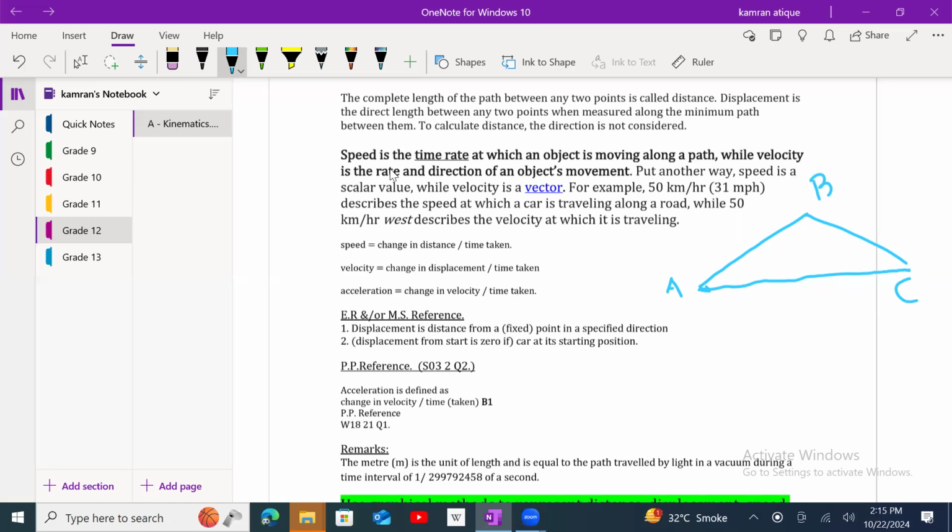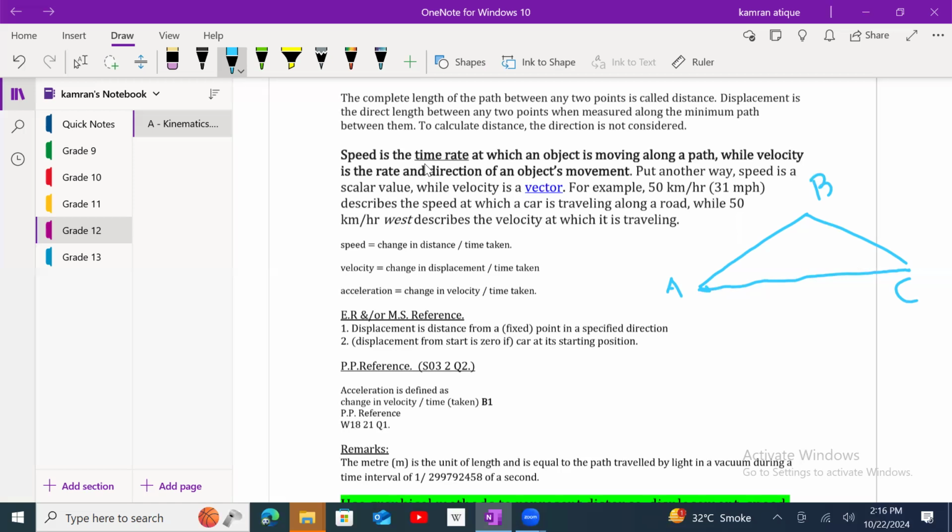As we did already in our O-level course and are now repeating here, speed is the distance covered by the object with respect to time. The rate of change of distance moved with respect to time is called the speed of the object. Simply, we can say speed is the distance covered per unit time, the distance covered in 1 second.